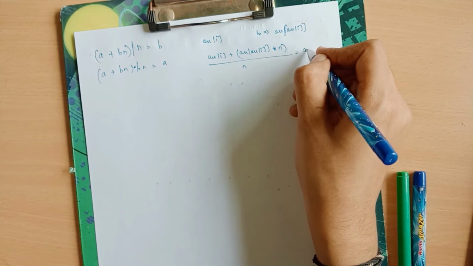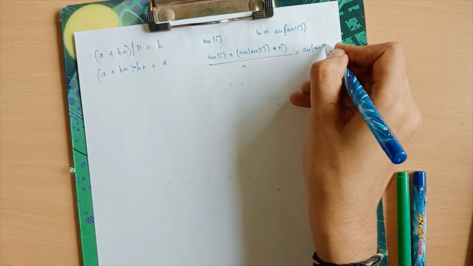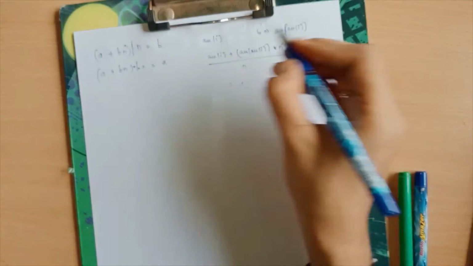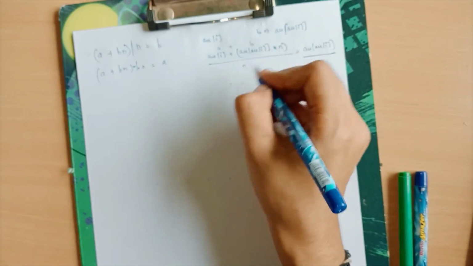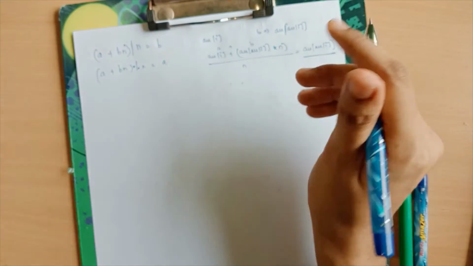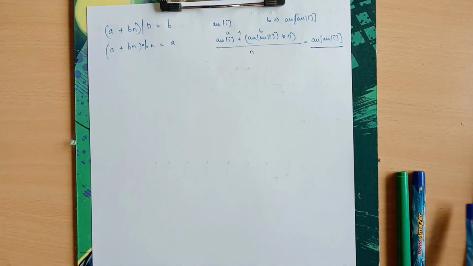I am going to get array of I, right? This is nothing but a plus bn divided by n. I'm going to get the value of b. So I'm going to make use of this concept only.